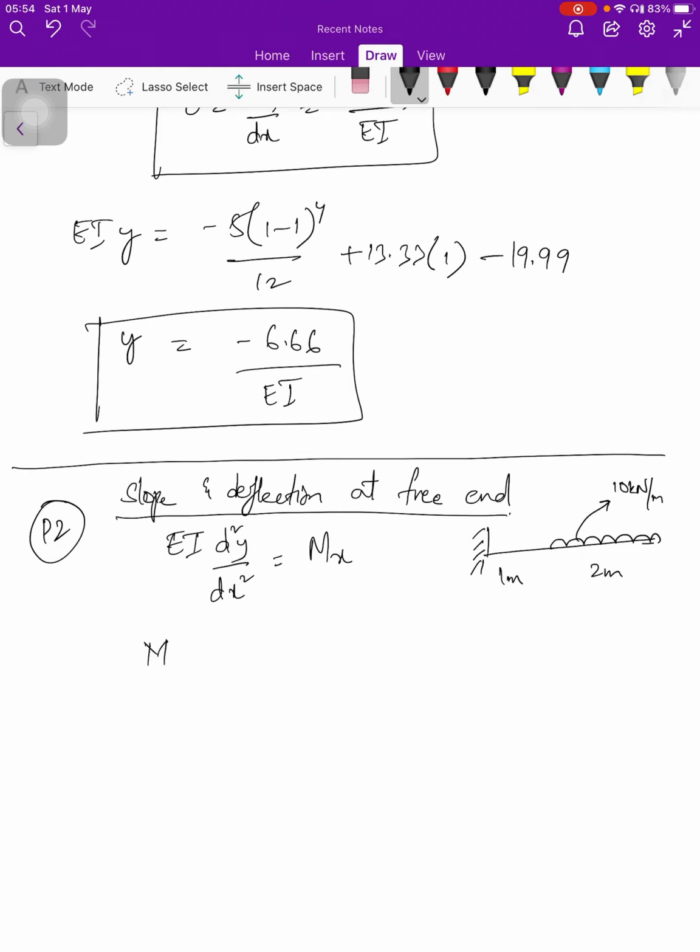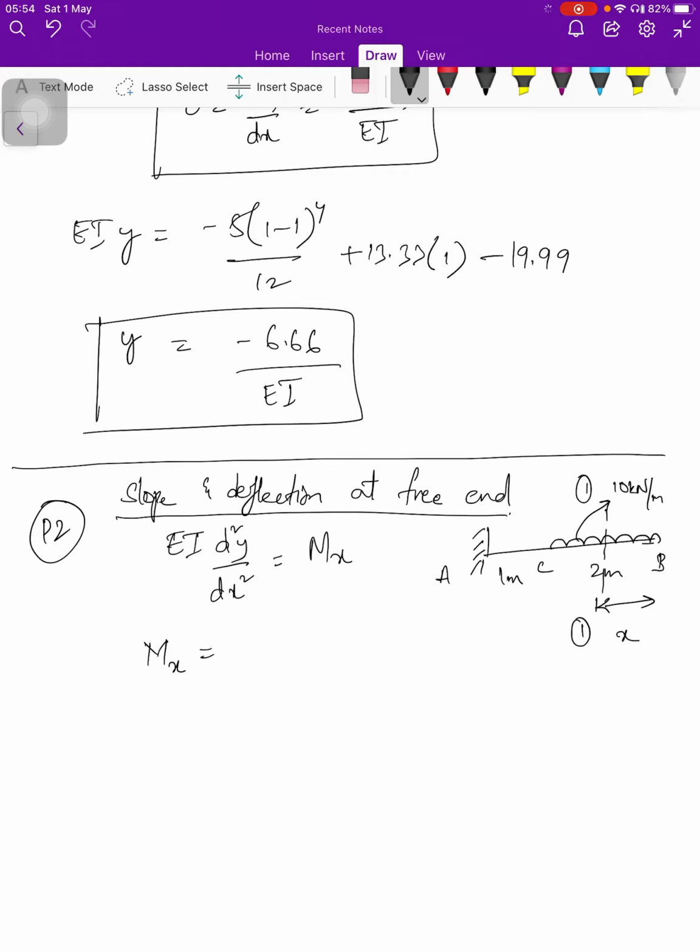First, when we take a section to calculate the moment equation, let this be your section 1 at a distance of x from the free end. Now what will happen if I move this section up to point C? First, we'll write the equation for moment.